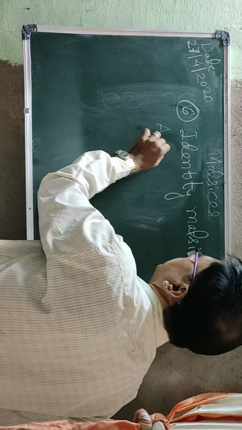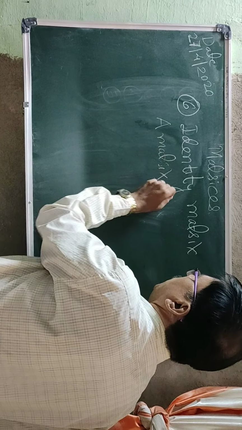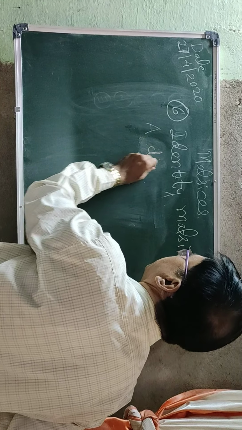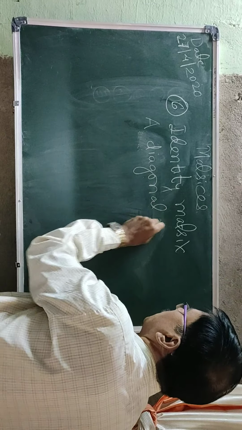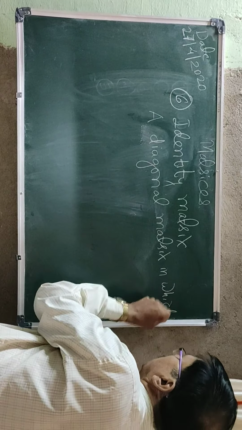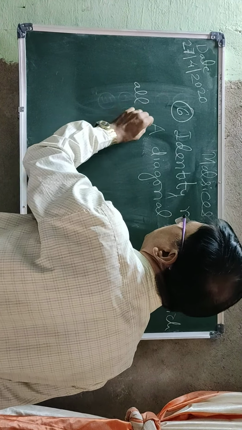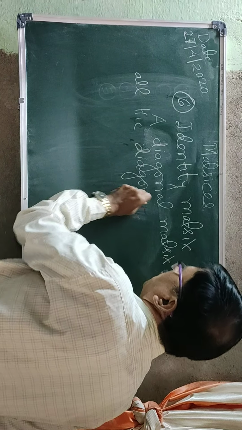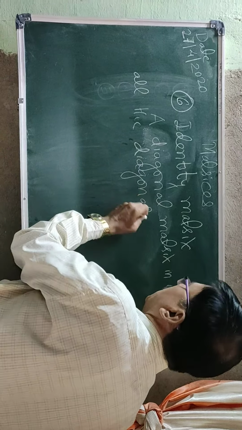A diagonal matrix in which all the diagonal elements are equal to 1 is called identity matrix.